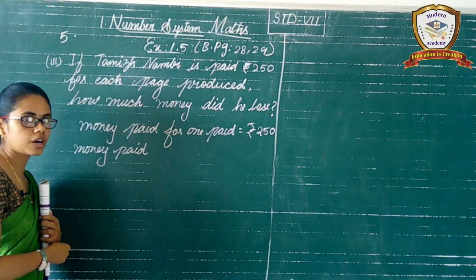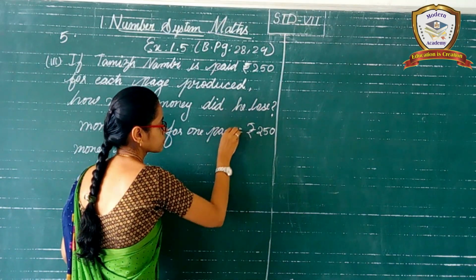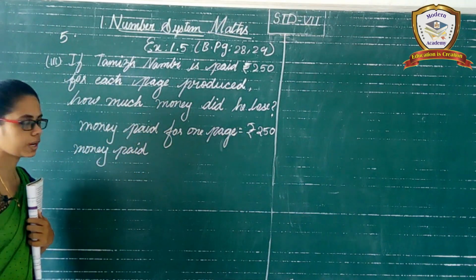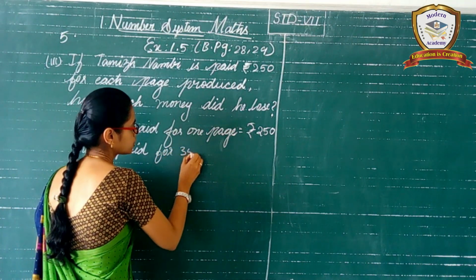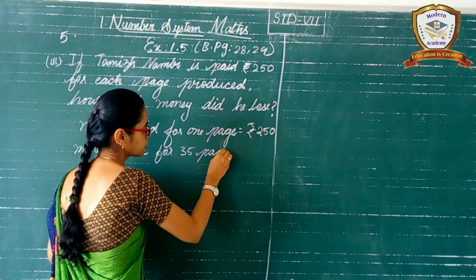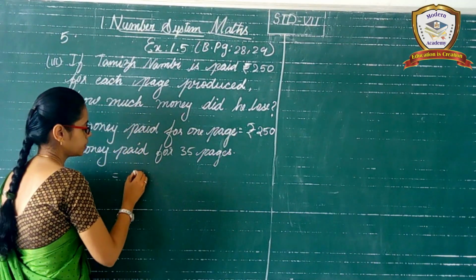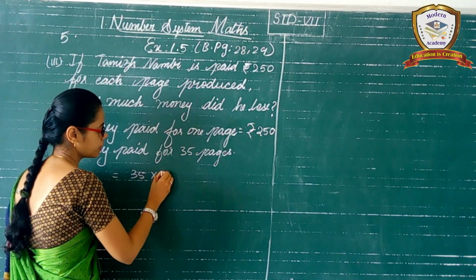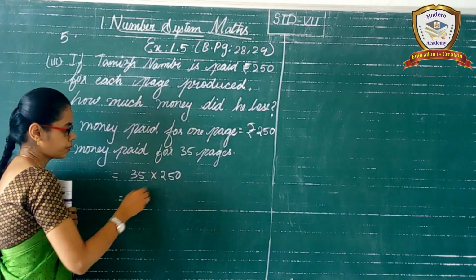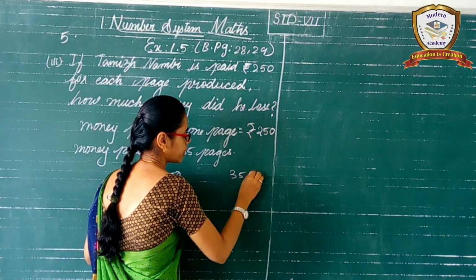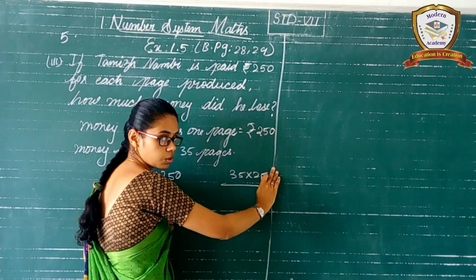And money paid for total pages, which means 35 pages. So money paid for how many pages? 35 pages. So 35 pages means we need to multiply: 35 multiplied by rupees 250. So we have to multiply. So 35 into 250. First time 0 we will not consider.